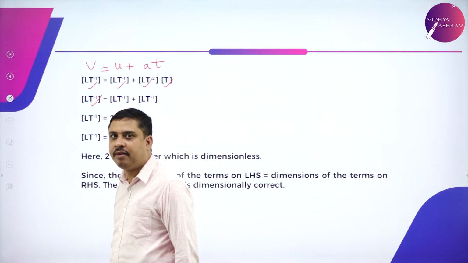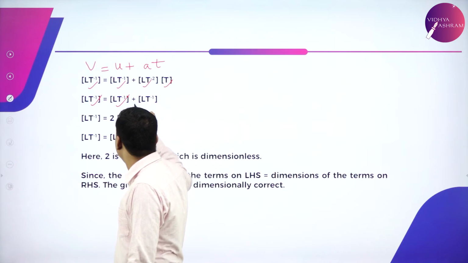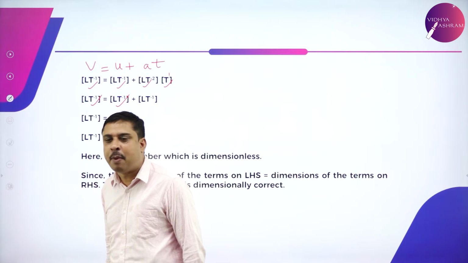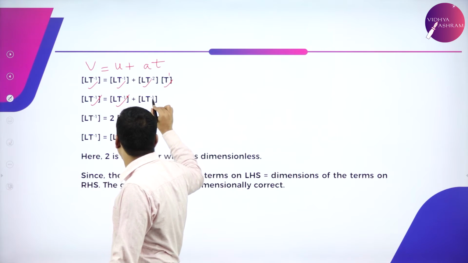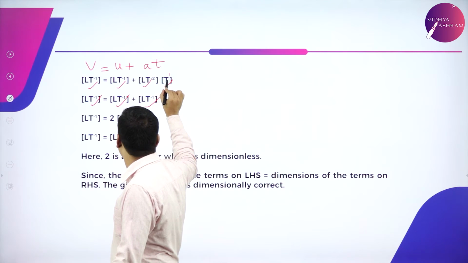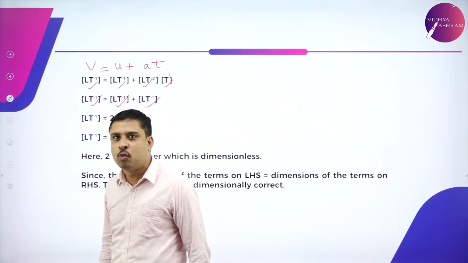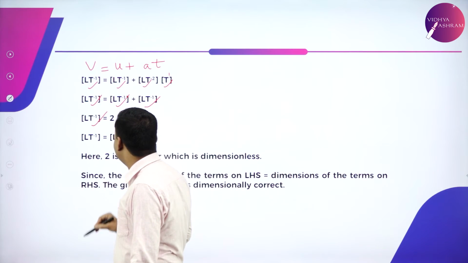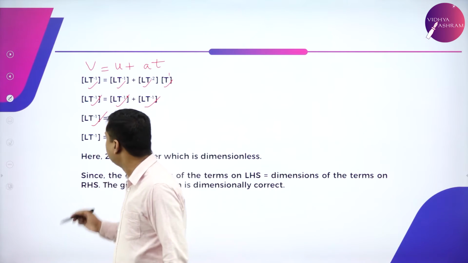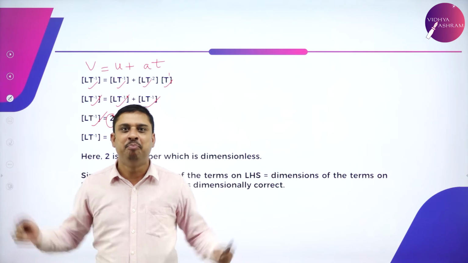LT minus 1 equals LT minus 1 plus T minus 2, T to the power 1, minus 2 plus 1 is minus 1. So LT minus 1, 2 LT minus 1. Again, what about 2? A scalar, it's a number.